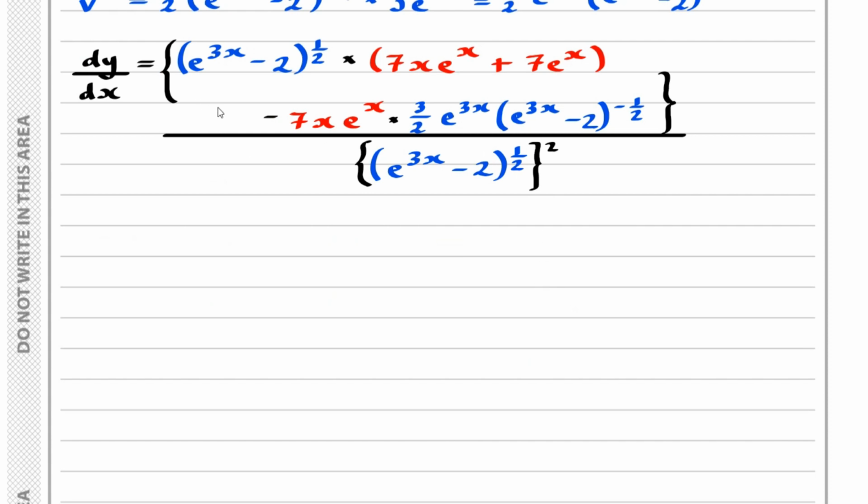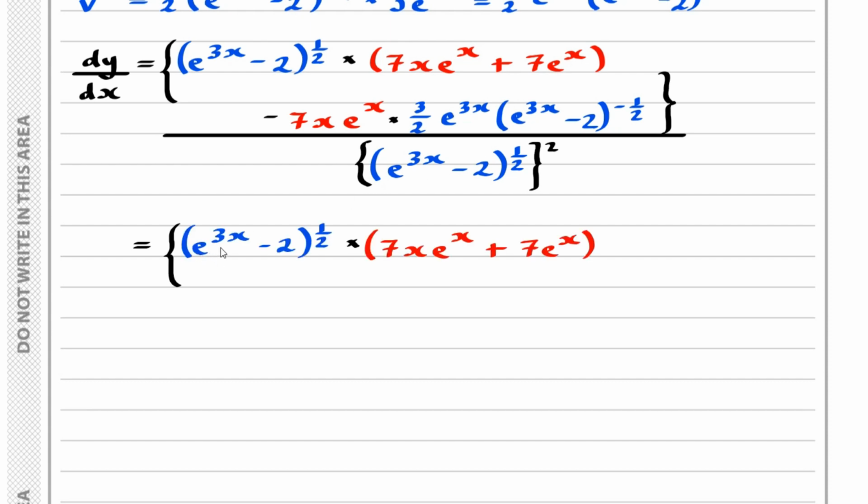And what we are required to do at this point is simplify all of this. And the way we're going to simplify this is to multiply each term by (e to the 3x subtract 2) to the power of 1/2, and this will get rid of this negative 1/2 power.